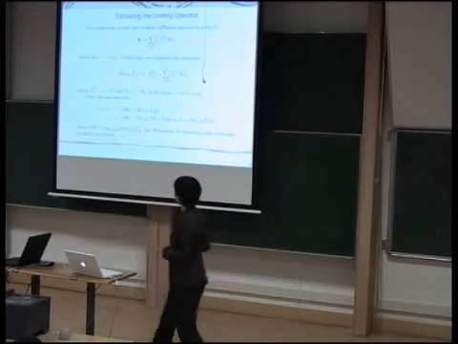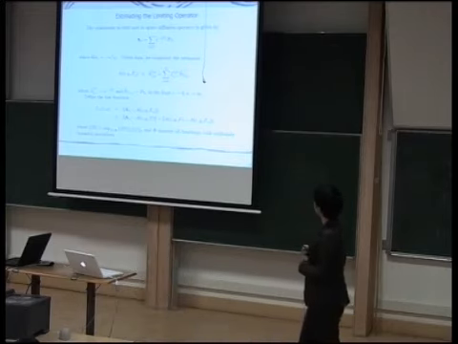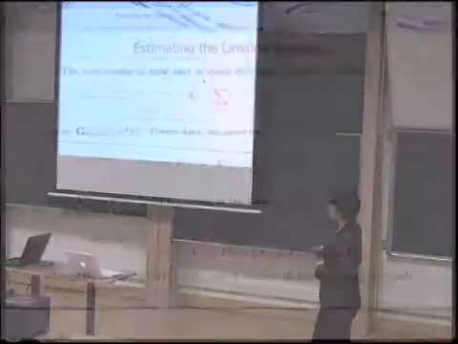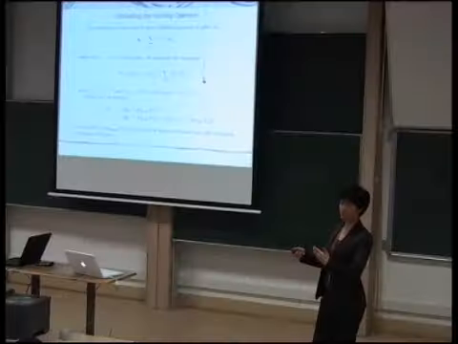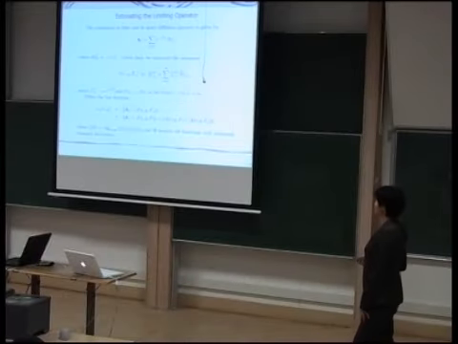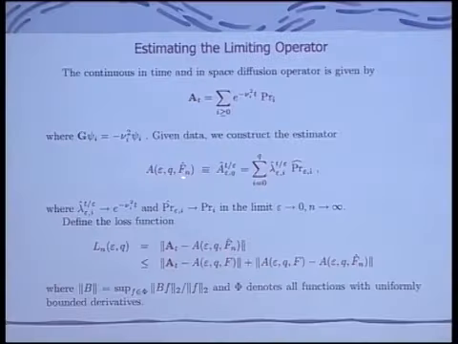Okay, so we want to estimate the limiting diffusion operator, and given data, we construct an estimator by using a finite number of terms in the expansion. We're also using a finite bandwidth, and of course the eigenvalues and eigenvectors are only approximate because they're computed from the data. To determine the optimal bandwidth and the number of functions to use, we need to write down the loss function.